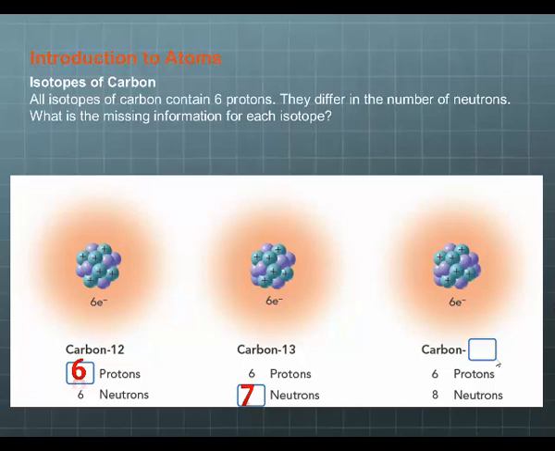Finally, the last form of carbon, we have 6 protons and 8 neutrons. 6 plus 8 gives us a total of 14 for the mass. So in this case, carbon-14 is when there are 6 protons and 8 neutrons.